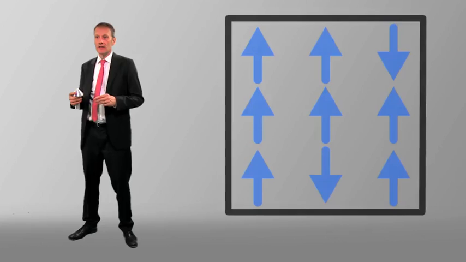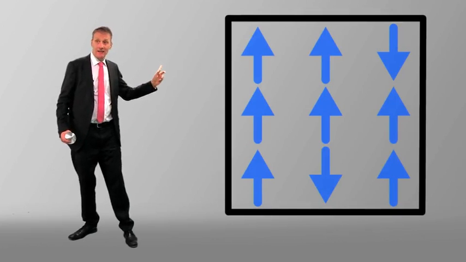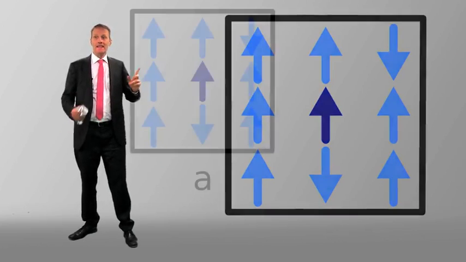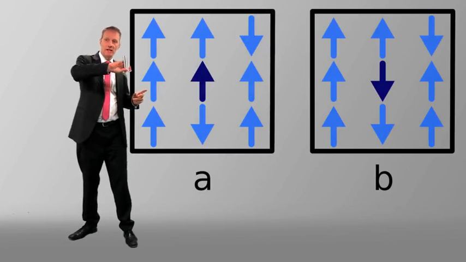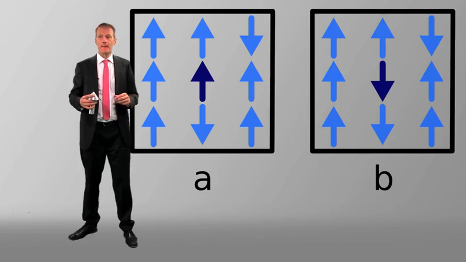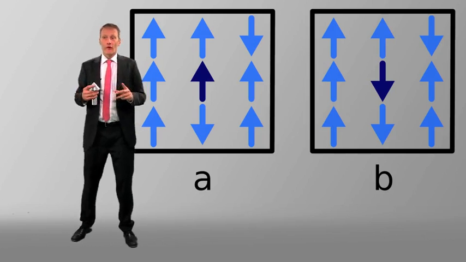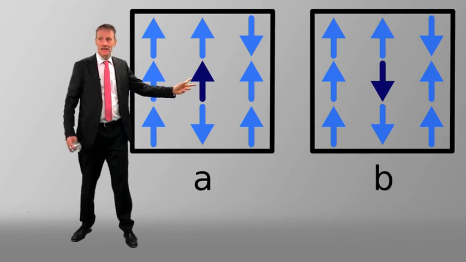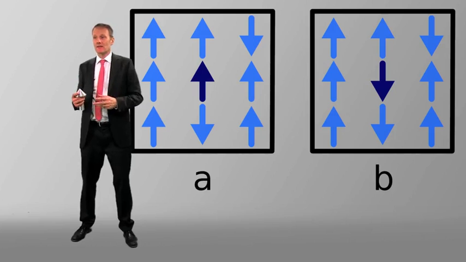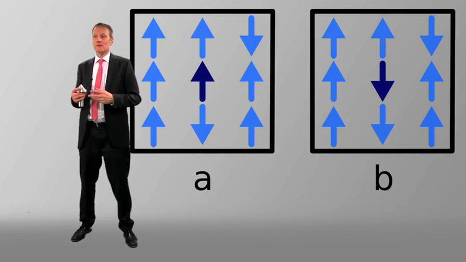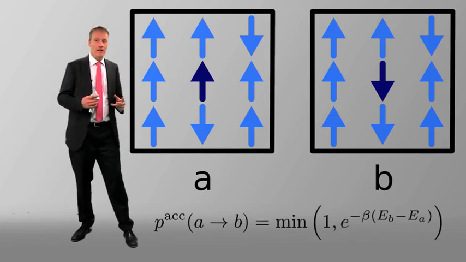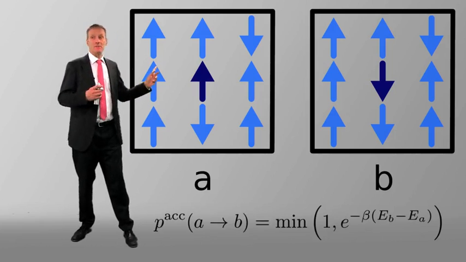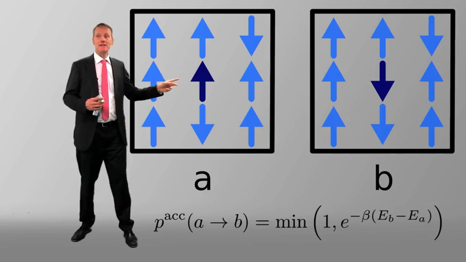Analogously to what we did for hard disks, we select one site and attempt to flip the spin on that site. The move from the configuration A to the flipped configuration B must be accepted with the Metropolis acceptance probability, the minimum of 1 and exponential of minus beta times (E_B minus E_A).